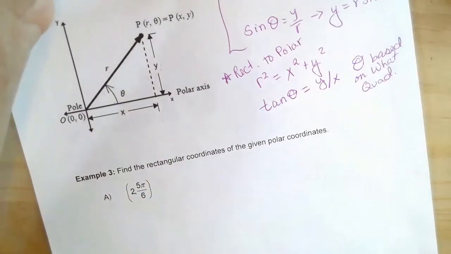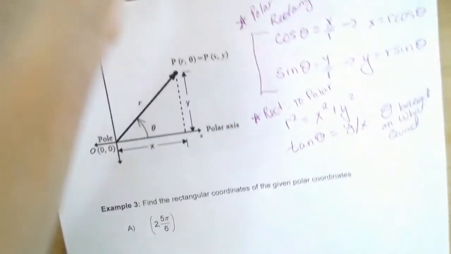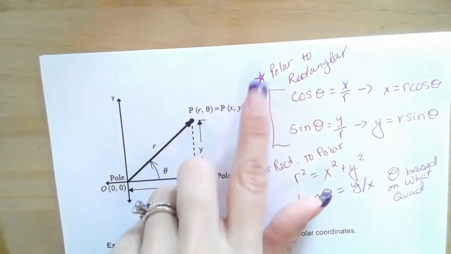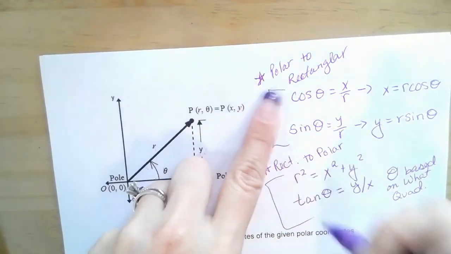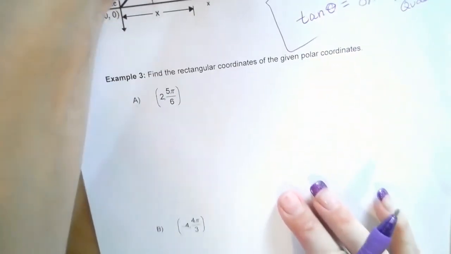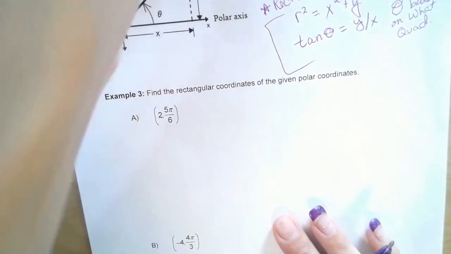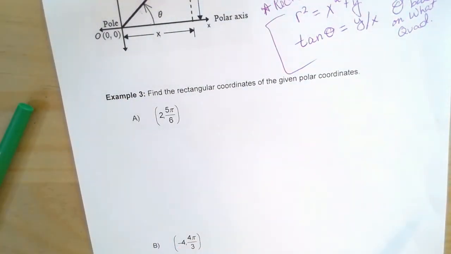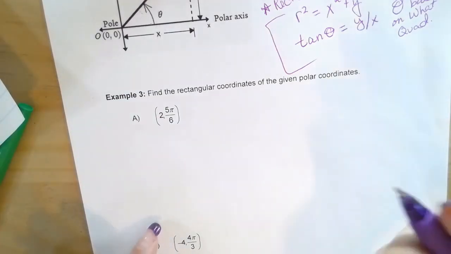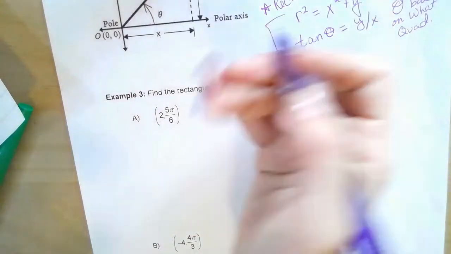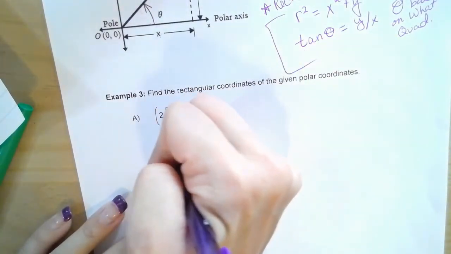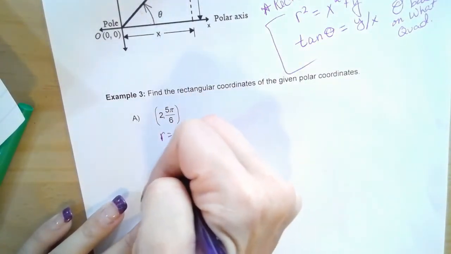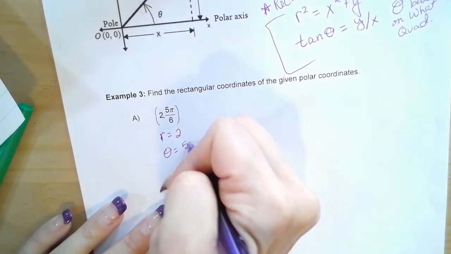All right, so example 3 here. We're going to go rectangular to polar. So we're going to use this top half here. All right, so we get 2, 5 pi over 6. So r is 2, theta is 5 pi over 6.